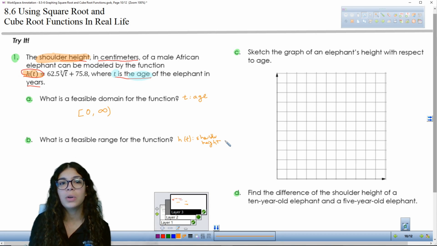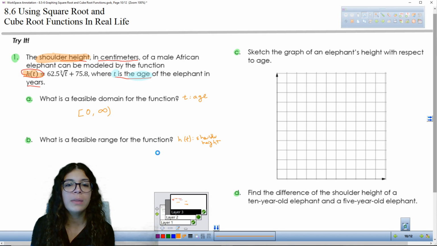But there's also, when they are born, there is a particular value, right, that their shoulder height would be minimum.